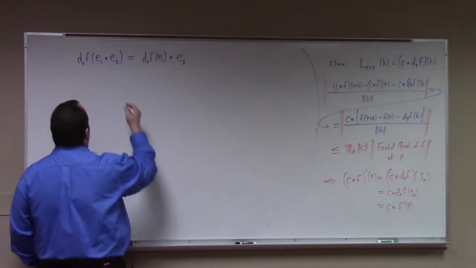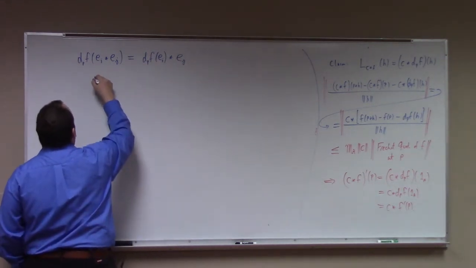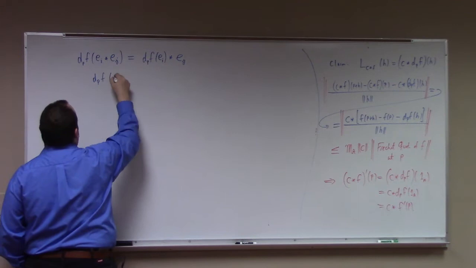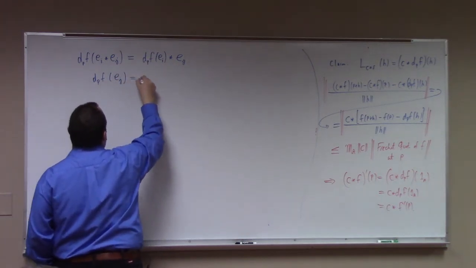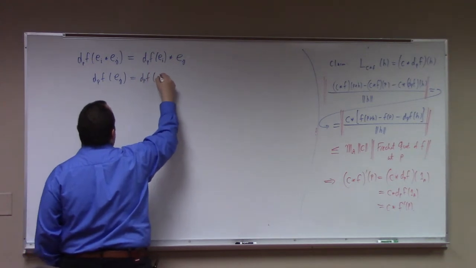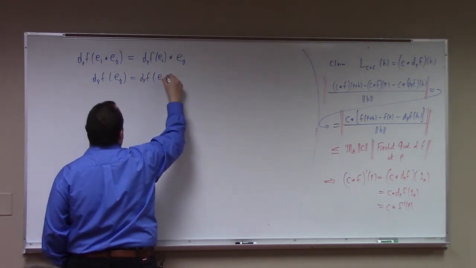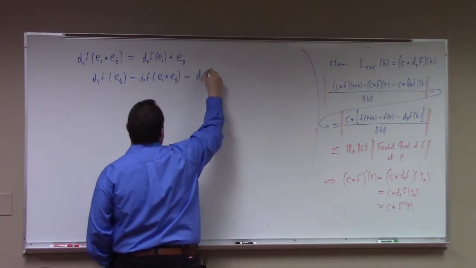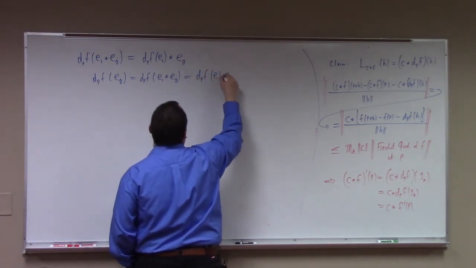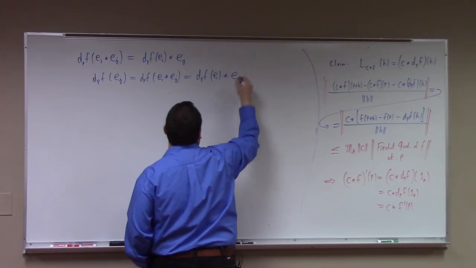But more specifically, if we look at d_p f of e_1 times e_j, which is d_p f of e_1 times e_j.